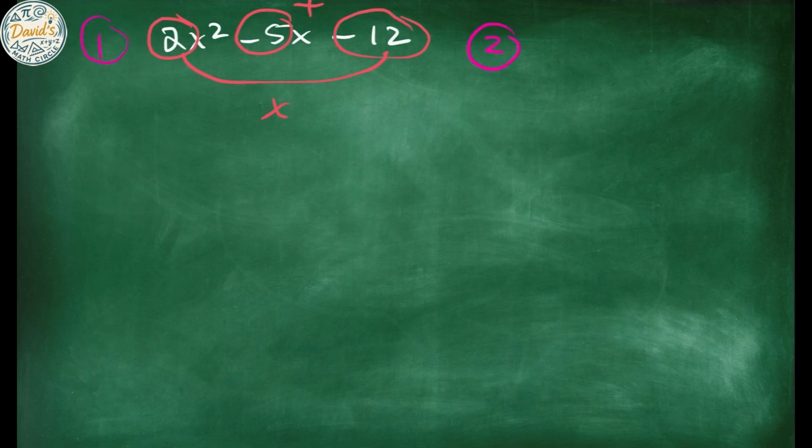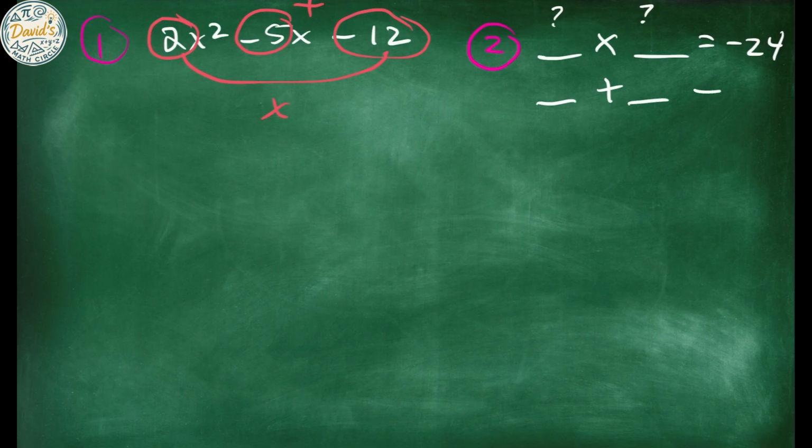For that step, like I said, we're searching for two numbers whose product gives us minus 24, and it has to be the same two numbers that give us minus 5 when we add them together. So here's the first trait. If we want the product to be minus 24, we'll be looking for divisors of 24.